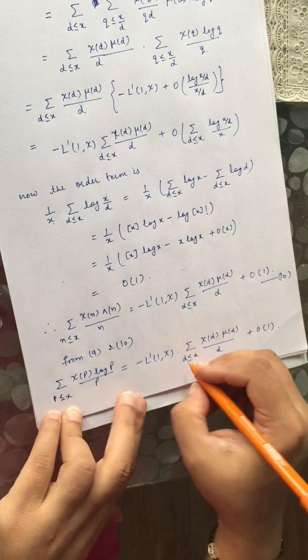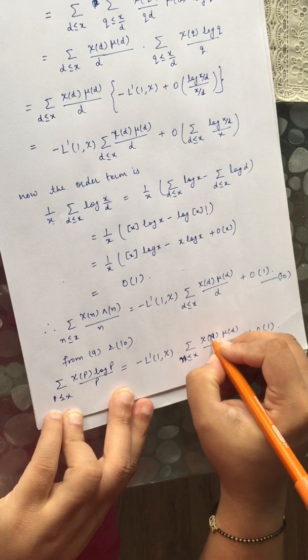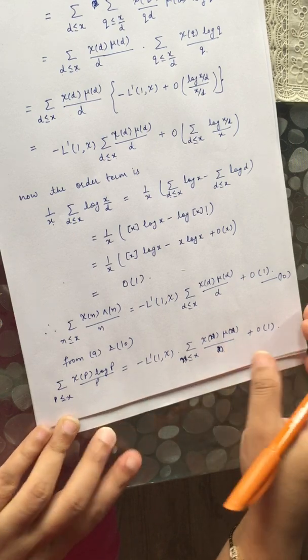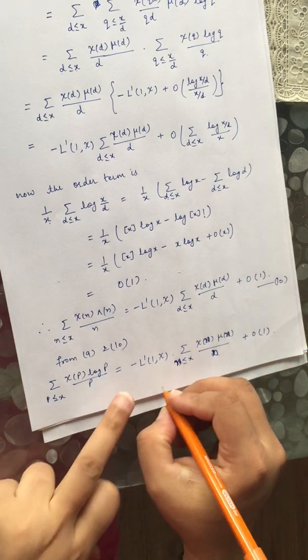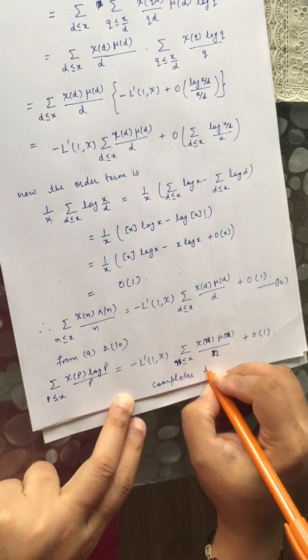So we can replace this d by n also. So this will be χ(n)μ(n)/n. So this proves lemma 2.